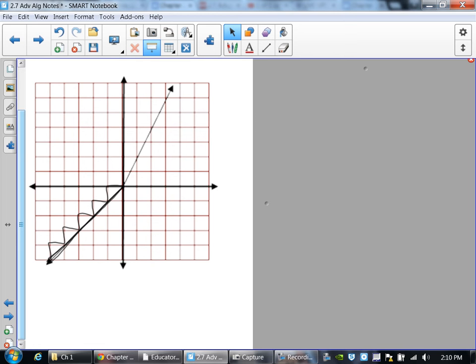So as it's increasing from -infinity to 0, it has a slope of 1. What happens at 0? It changes to 2. So the slope changes at 0. So this graph is dependent upon the domain because the equation changes. The equation changes as the domain shifted. So you get 2 different equations.